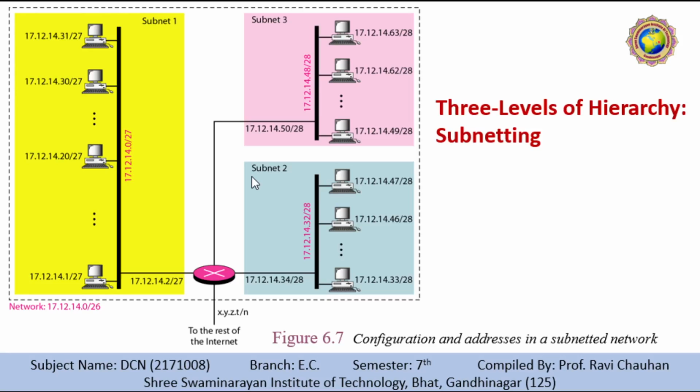Suppose the mask of the second subnet is n2, then 2 raised to 32 minus n2 must be 16, which means that n2 will be 28. Suppose the mask for the third subnet is n3, so 2 raised to 32 minus n3 must be 16, which means that n3 will be 28.